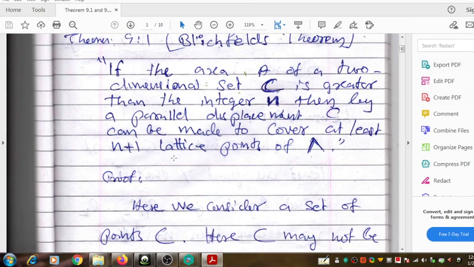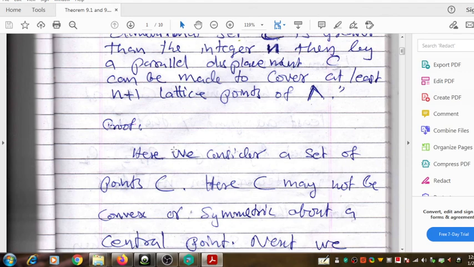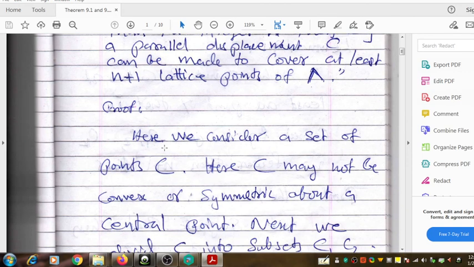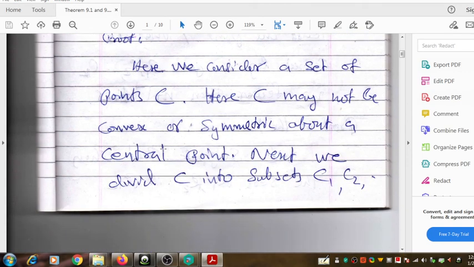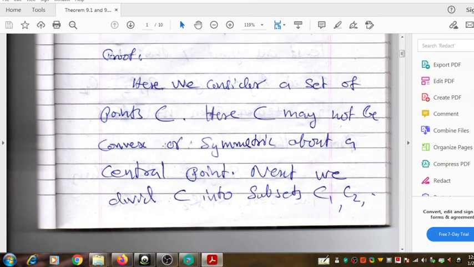We need some preliminary ideas on the set to understand the proof of the result. Here there are no strict restrictions on the set.